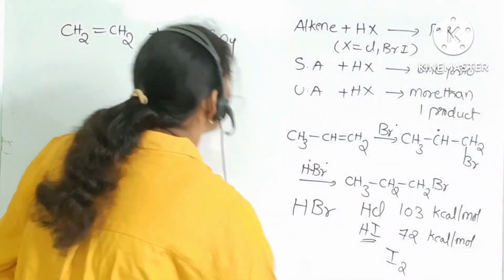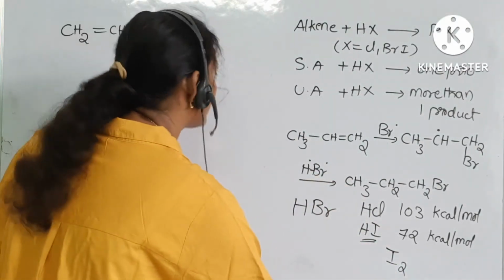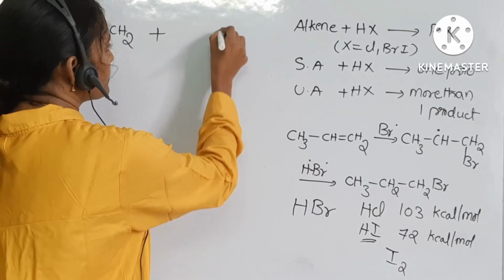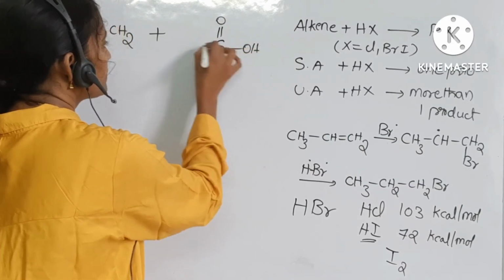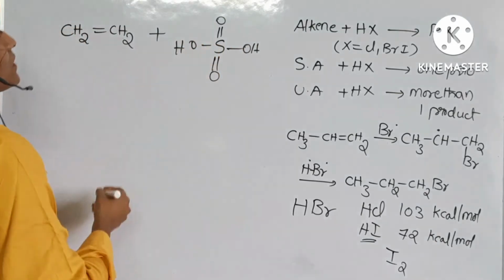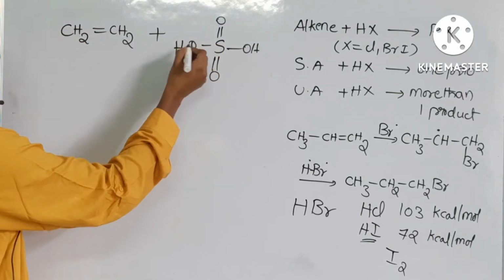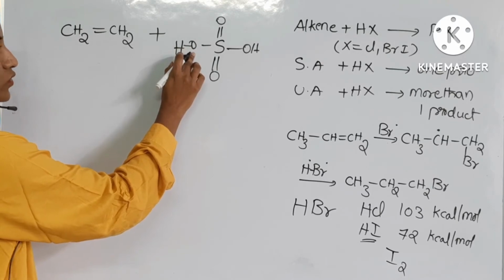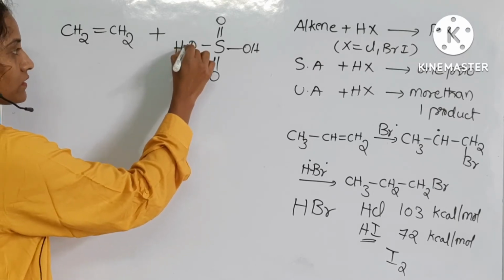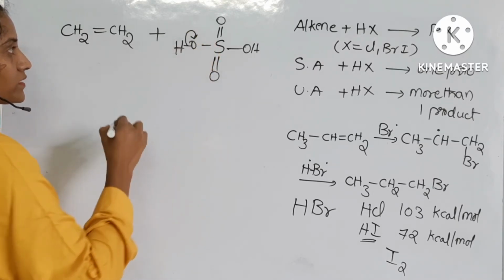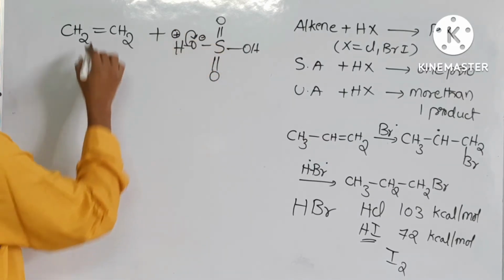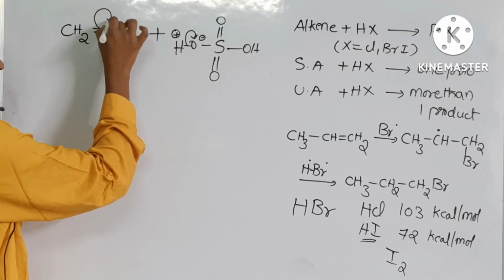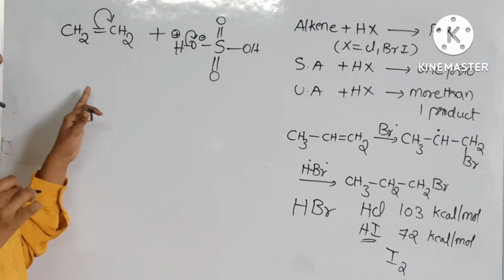This sulfuric acid you can write like this for easy understanding: sulfur double bond O, double bond O, OH, OH. Here this oxygen is more electronegative than hydrogen, so it will attract bond pairs towards itself. So H plus and O minus will be formed. Then this double bond is going to break.